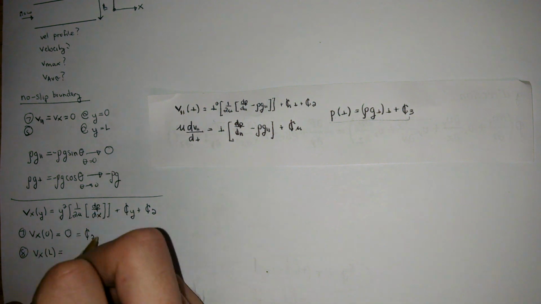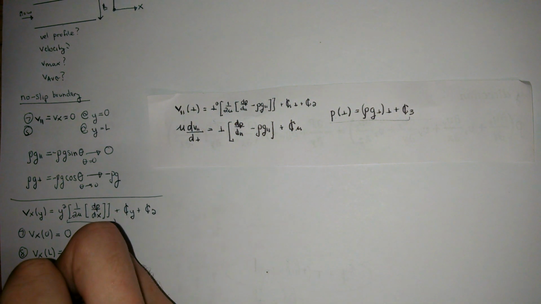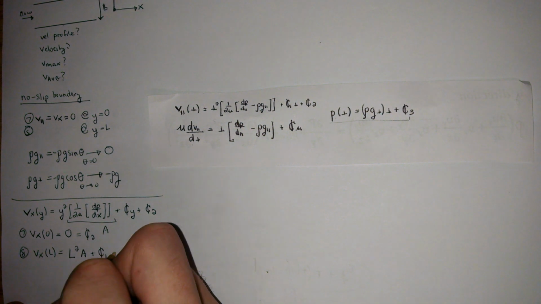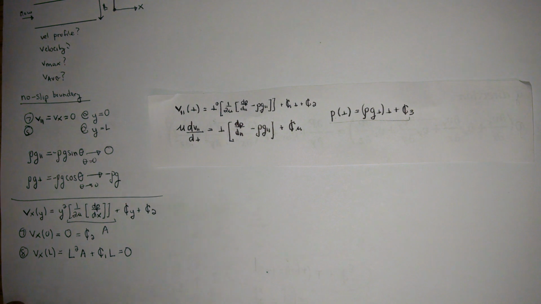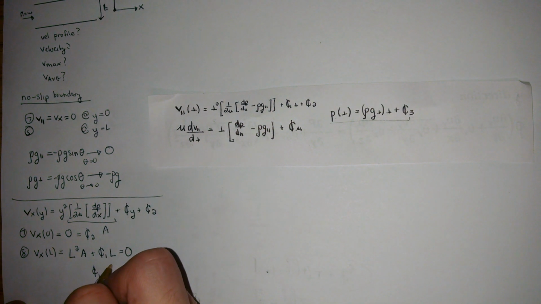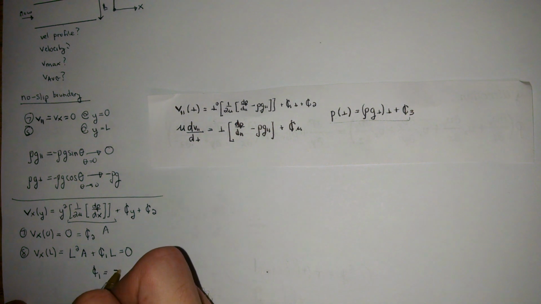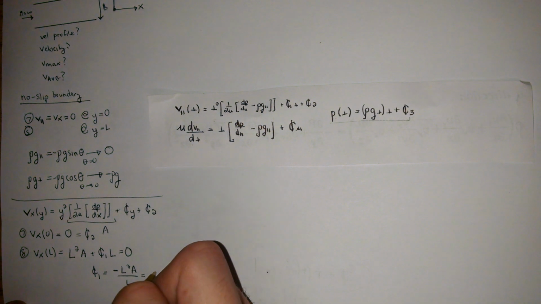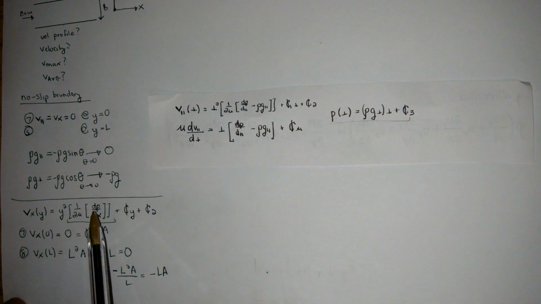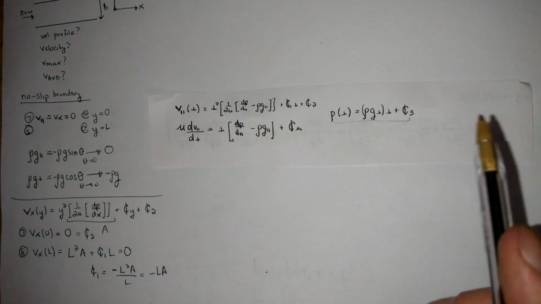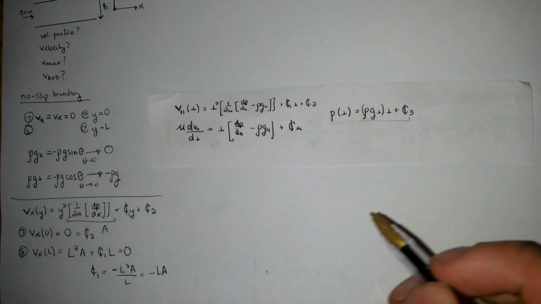I'm going to quickly call this quantity A, so we have L squared A plus C1 L equals 0. So then C1 equals negative L squared A over L equals negative LA. Again, A is just grouped together because I didn't want to spend 20 minutes writing it out. So we found both of these constants.